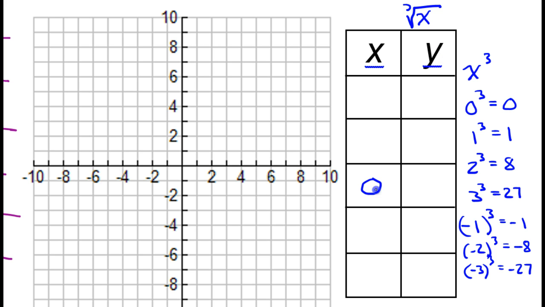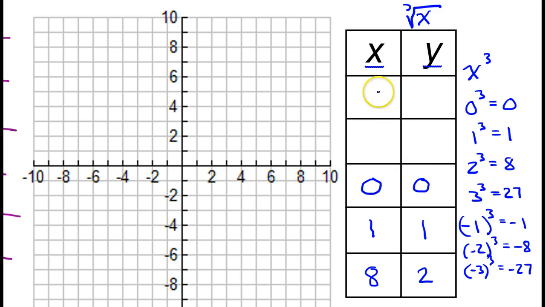So the cube root of 0, as we said, is 0. The cube root of 1 is 1, and the cube root of, sorry, I meant to say the cube root of 8 is 2. So I'm using 0, 1, and 8.